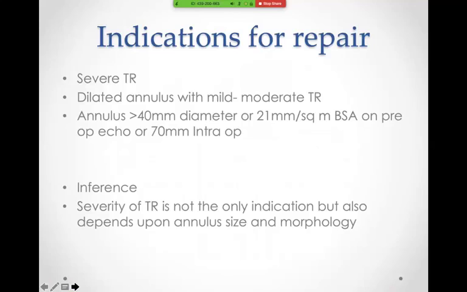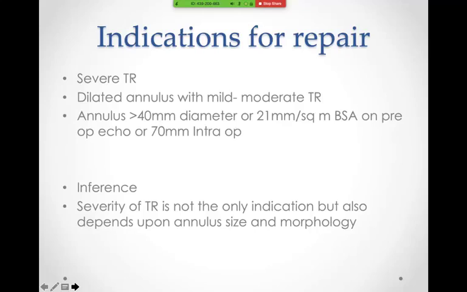I put up the slide because the most common question that comes to anybody's mind is, it is quite clear that when the tricuspid valve is severely regurgitant, there is no doubt that we have to repair it. But the question that comes most of the time during surgery is, what do we do when the tricuspid regurgitation is mild to moderate? That is why it's important that we address it and consider the annulus also when we consider repair of the valve.